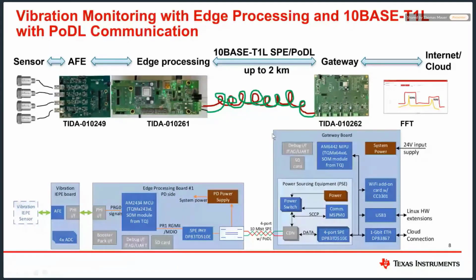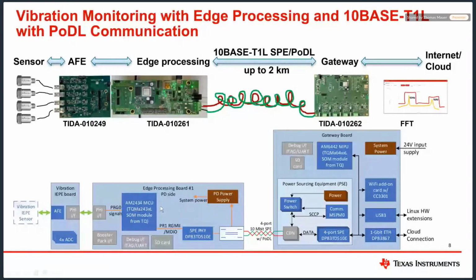The way it works, we also show at the bottom here. We have on one hand the vibration sensor, then we have this IEPE board, which is the analog front end. This consists of an analog front end and 4 ADCs. The ADC values are sampled by a processor that we have on this edge processing node.